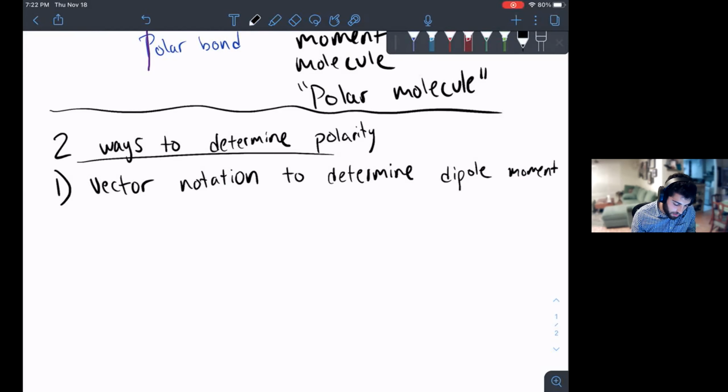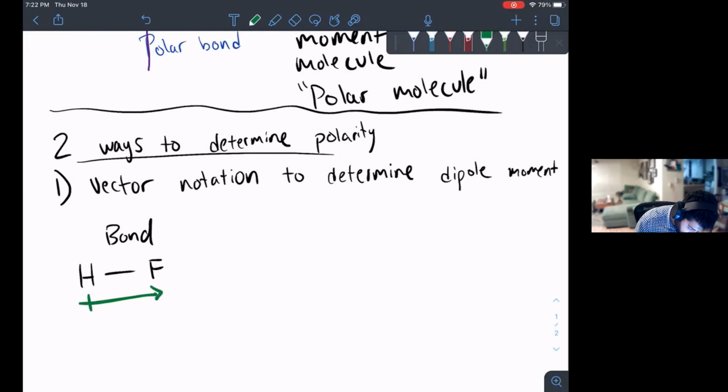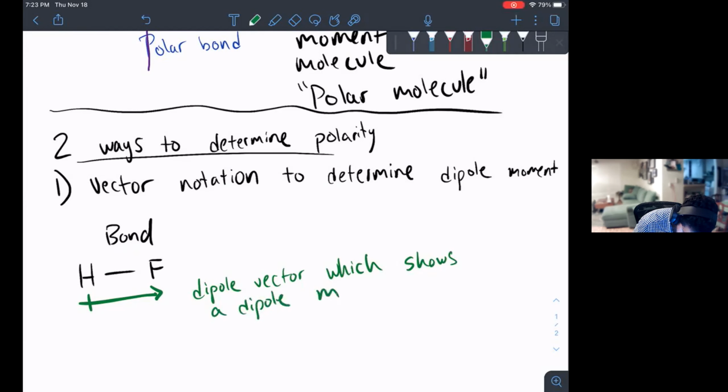And so what that means is usually in any bond like H, F, we can draw a dipole vector. So this is what we call a dipole vector, which shows a dipole moment.